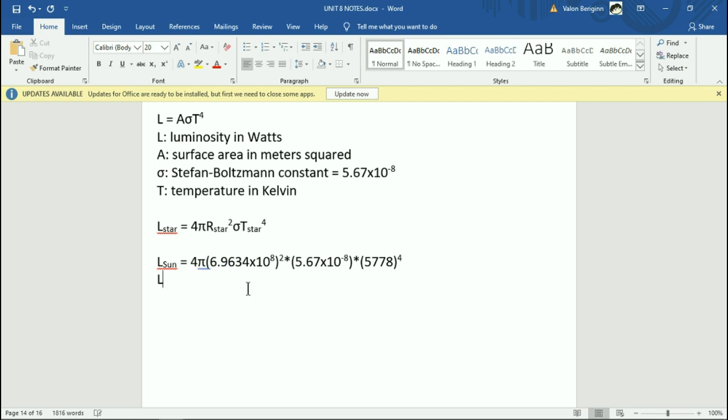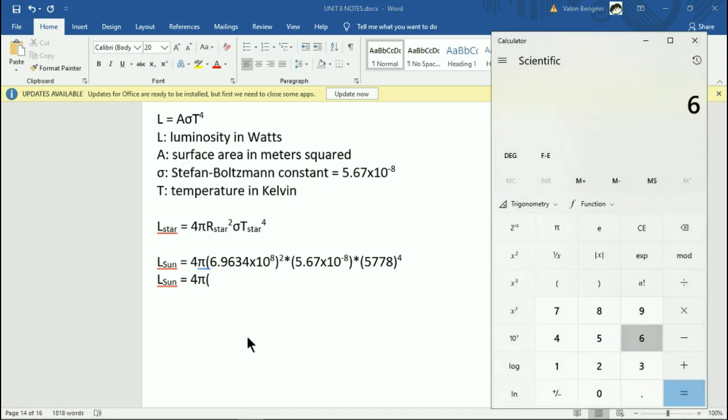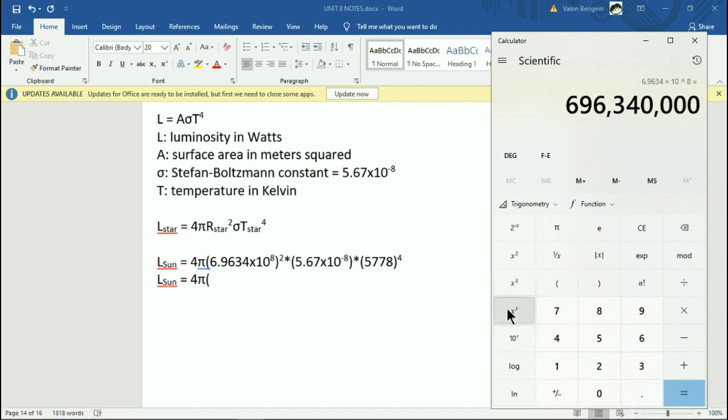Okay, so what do we get here? 4 pi, okay, we want to square this. So 6.9634 times 10 to the 8, and we want to square that. Okay, I'll be lame and do 4.85.